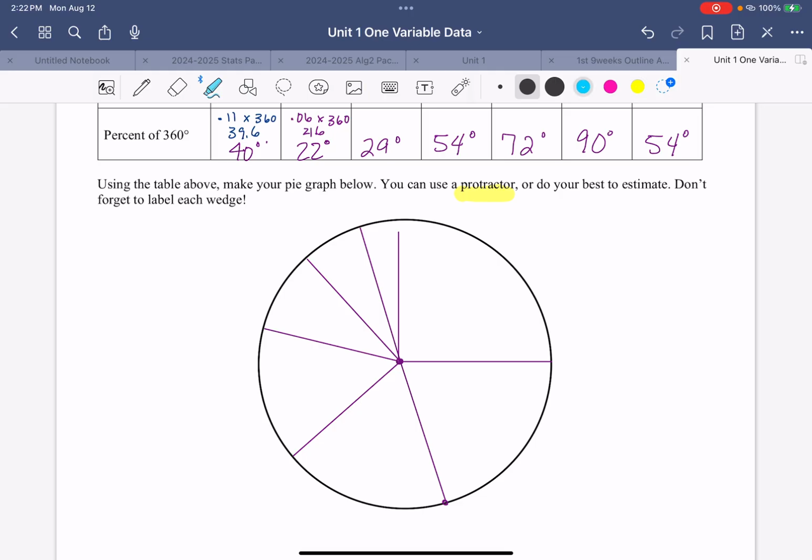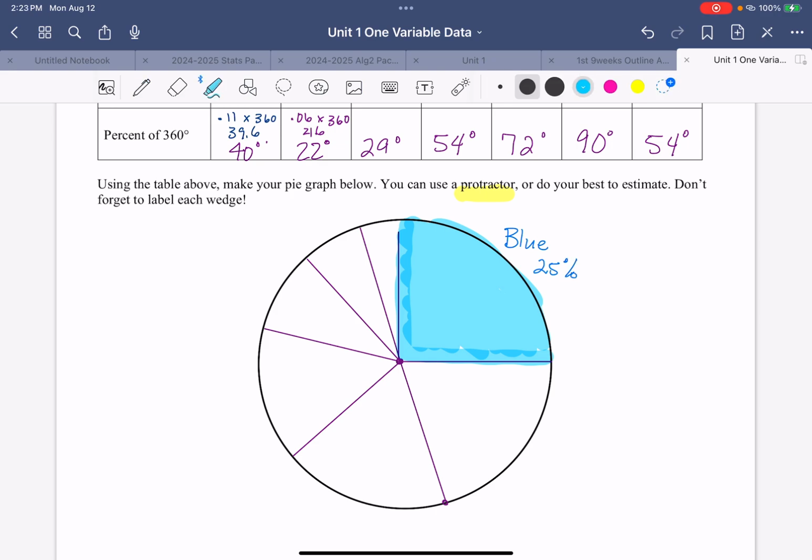So my first one, I'm just going to shade it in. So this piece right here, that's my blue, and I know my blue was 25%. You're going to have to do this for each one.